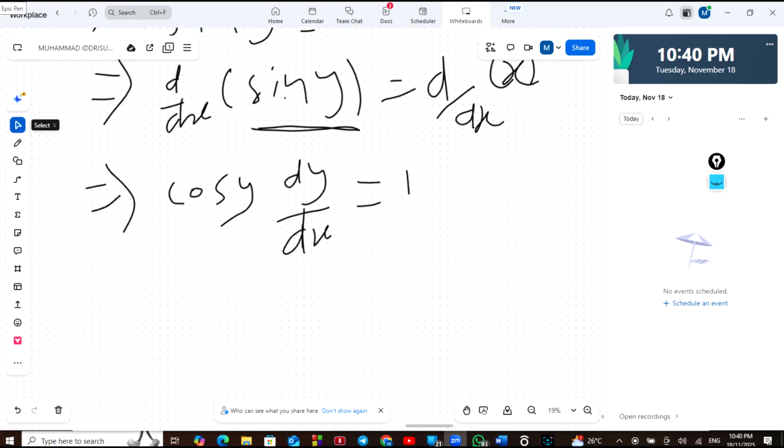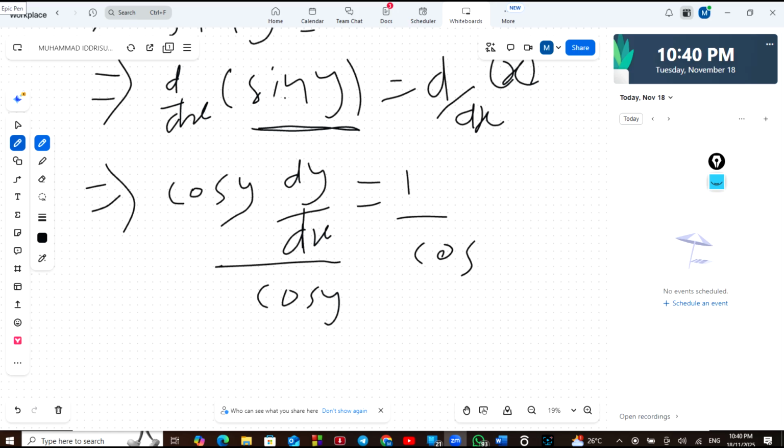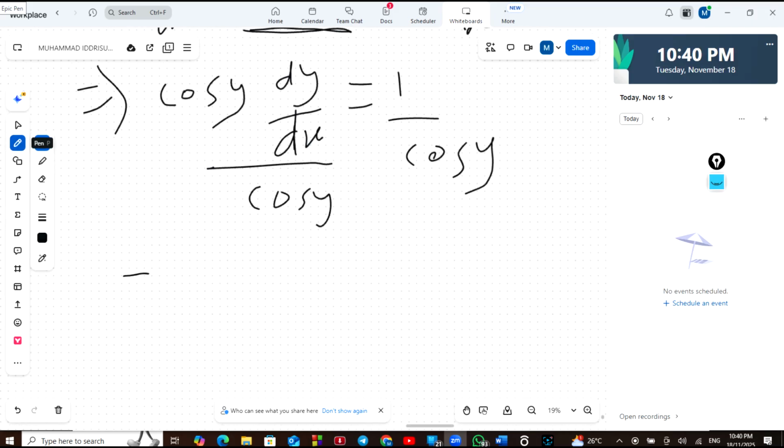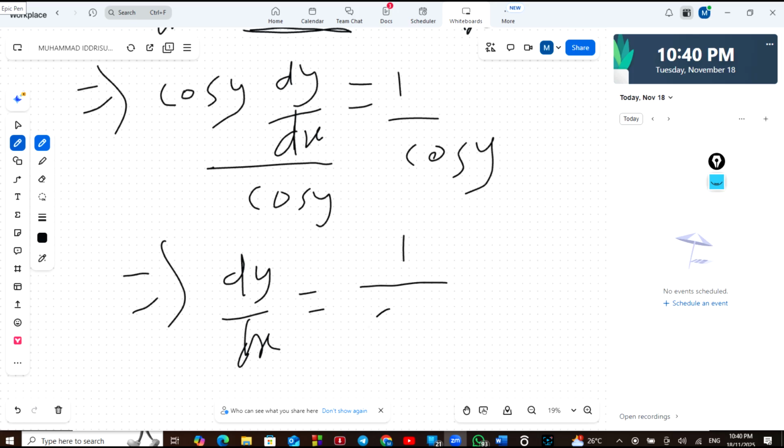So what we need to do is divide both sides by cos y, because we are looking for dy/dx, the derivative. And this will lead us to dy/dx being 1 over cos y.